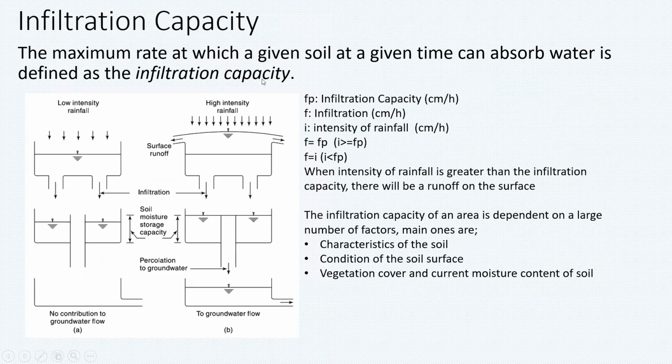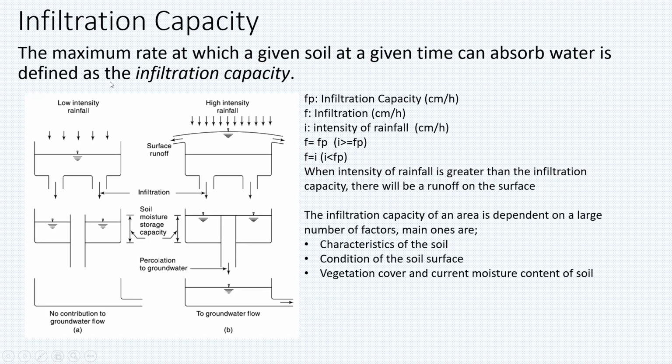Now, let us talk about the concept of infiltration capacity. Infiltration capacity is defined as the maximum rate at which a given soil at a given time can absorb water.